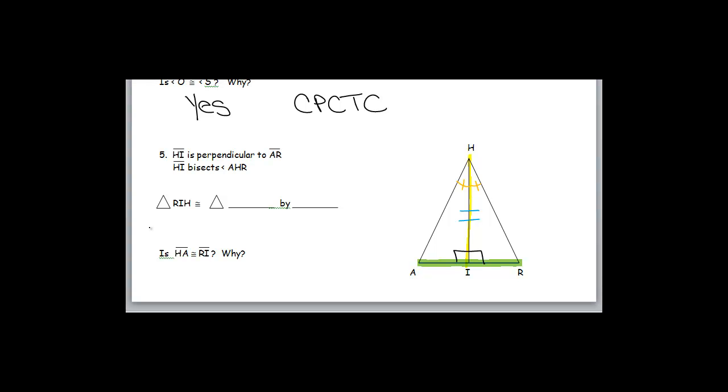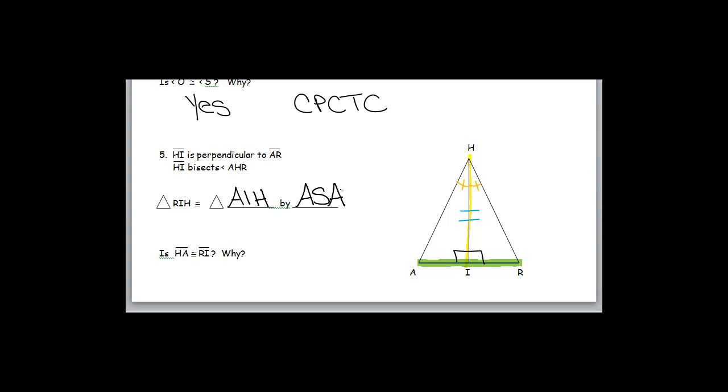We have triangle RIH, which if we look at it goes green right to the blue. So if we follow that pattern, green to the right to the blue is going to be triangle AIH. And the theorem that we are going to use, we have an angle, then a side, then an angle.